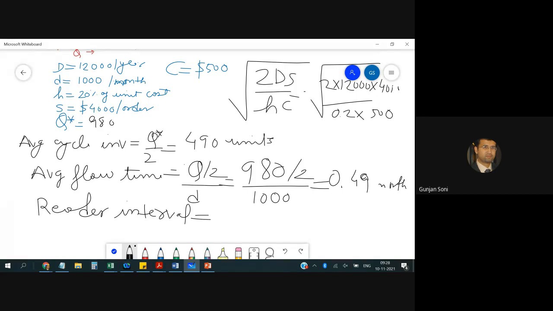We know it will be 1 divided by the average flow time, that is 1 by 0.49. So what is this value? 1 divided by 0.49.